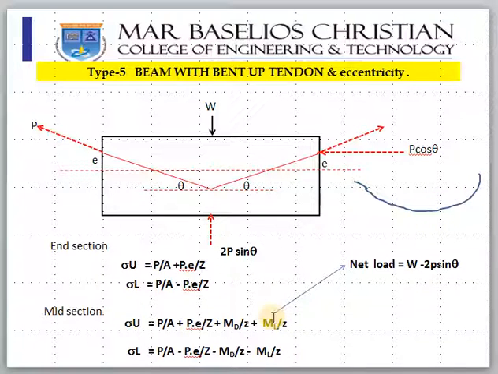So only thing is that when you calculate ML, the bending moment due to live load, that is WL by 4, you should take W minus 2P sin theta.